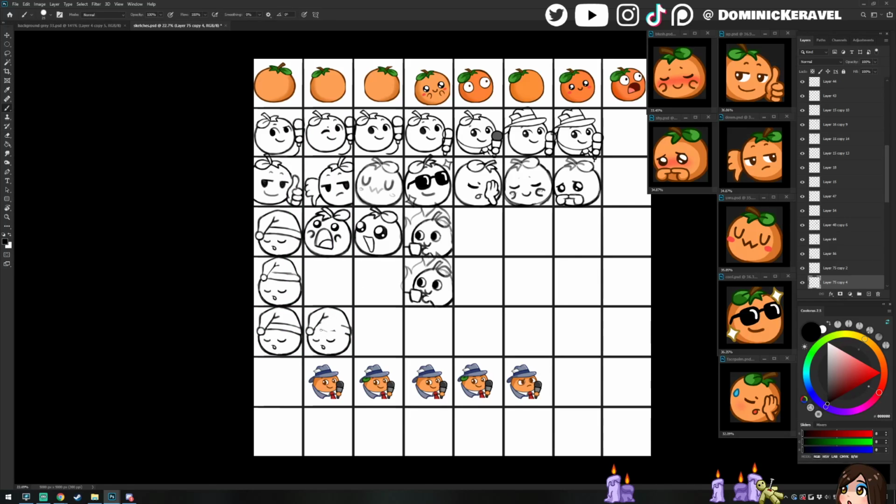Maybe this line shouldn't be like this, but no. Depends on the angle how we're looking at the oranges. Yeah, this makes more sense probably. Okay.